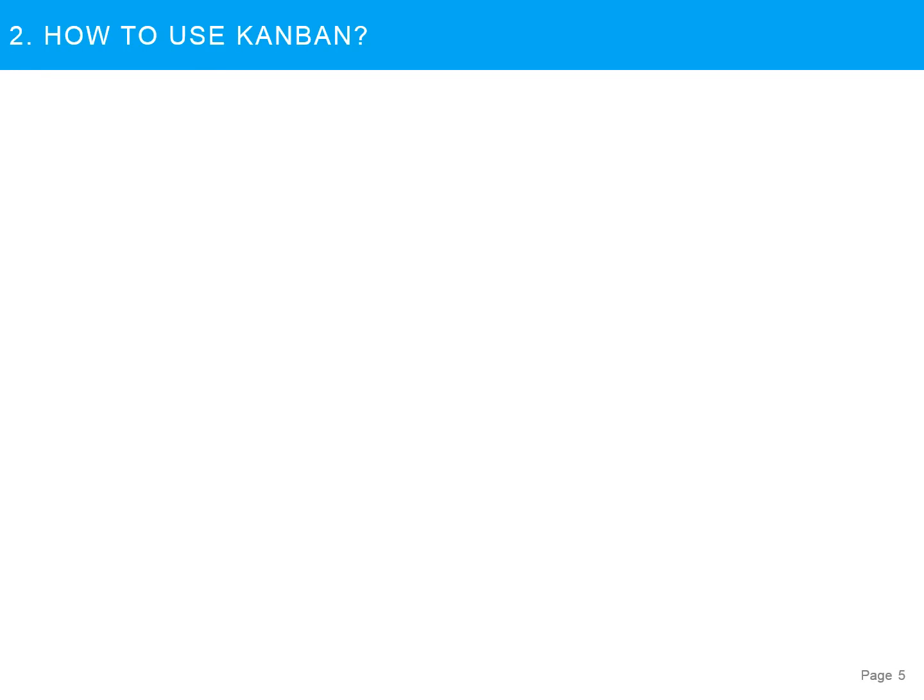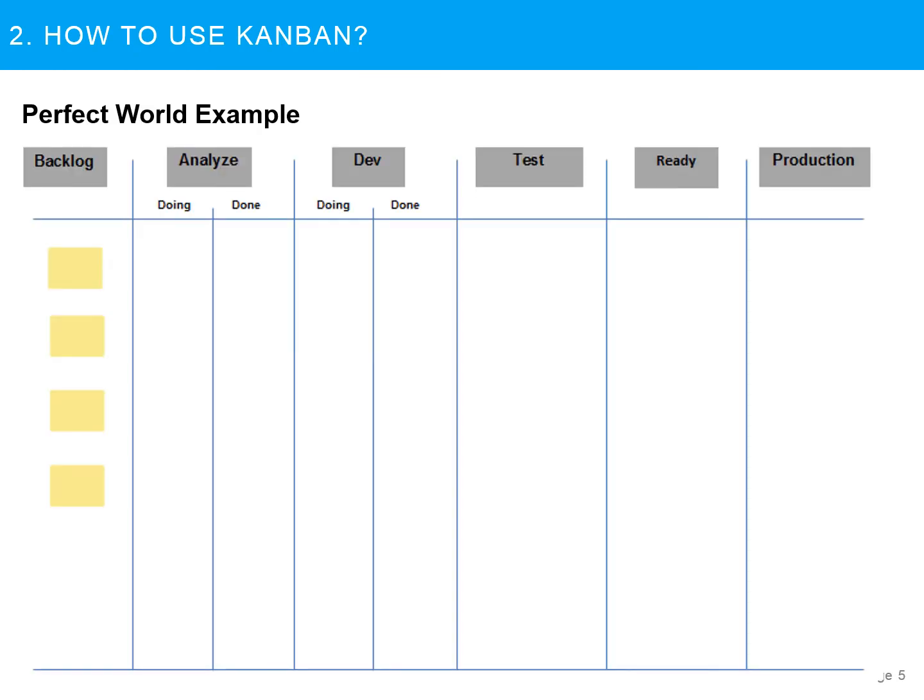How to use Kanban? A Kanban board can be like this. So here, for example, they have work items to do. Then they will analyze, then some development, testing, and then ready. So this is where we can decide the definition of done.